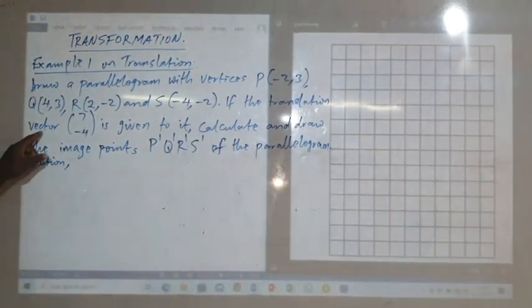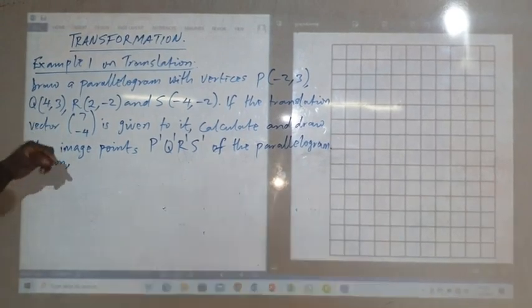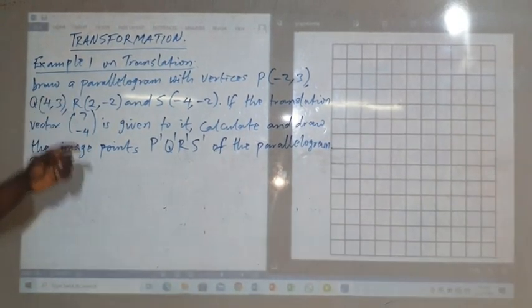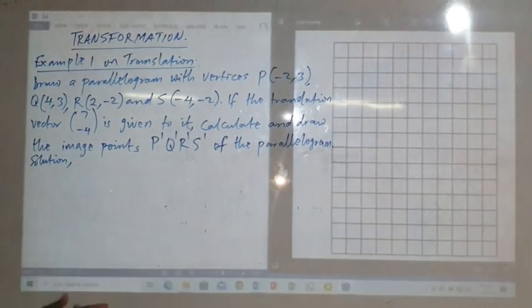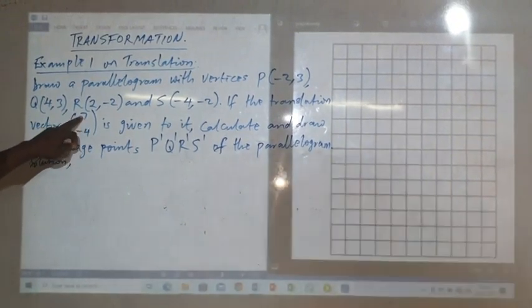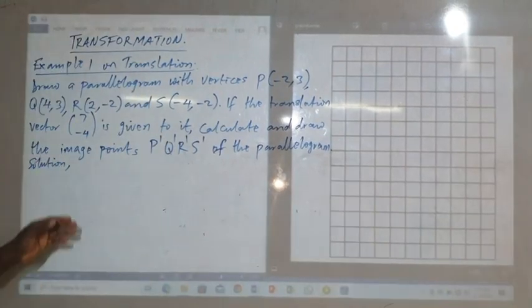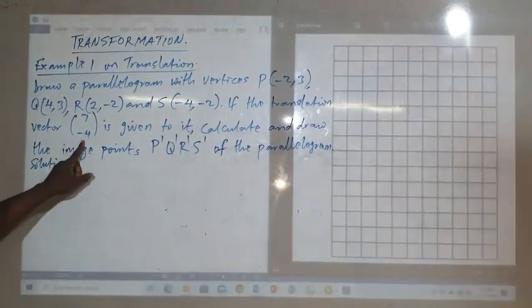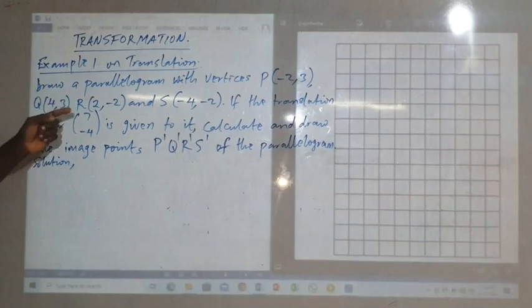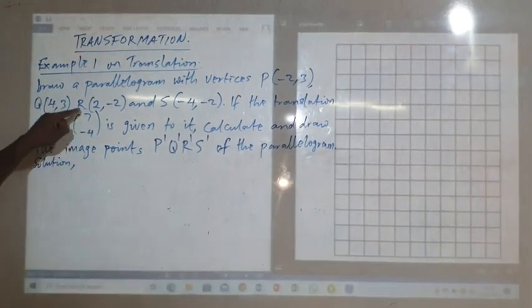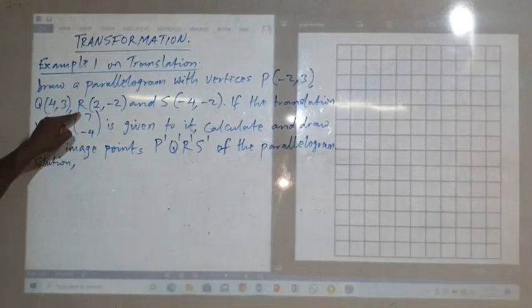The translation vector is explained under the vector key. That is for the X-axis, which means we are moving to the right 7 units and we are moving down 4 units because of the negative there.